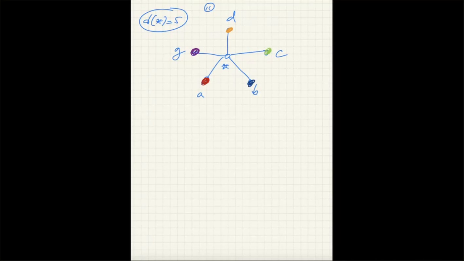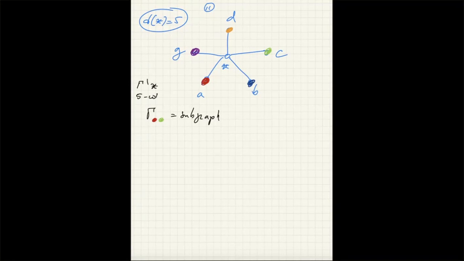So what we do is we look, for example, at the subgraph gamma induced by colors red and green. So this is the subgraph. So you take a proper 5 coloring of gamma minus x.